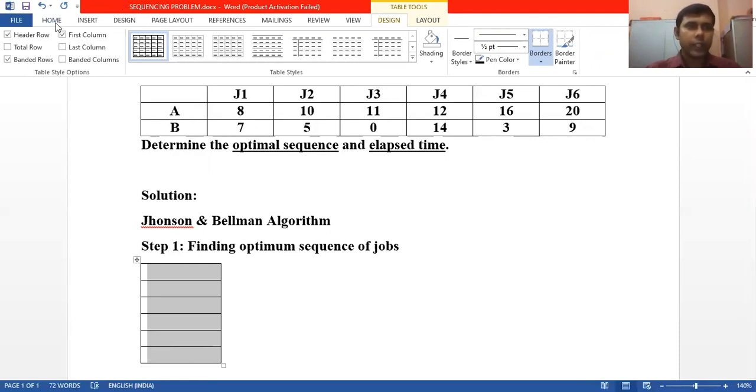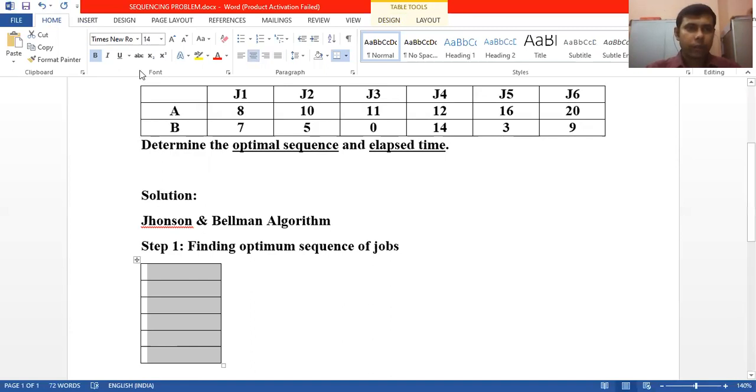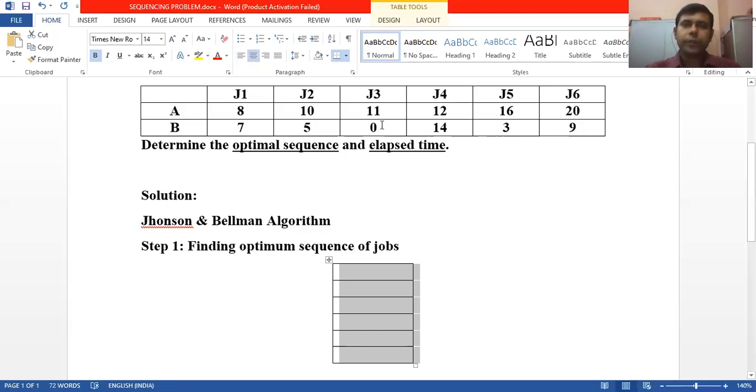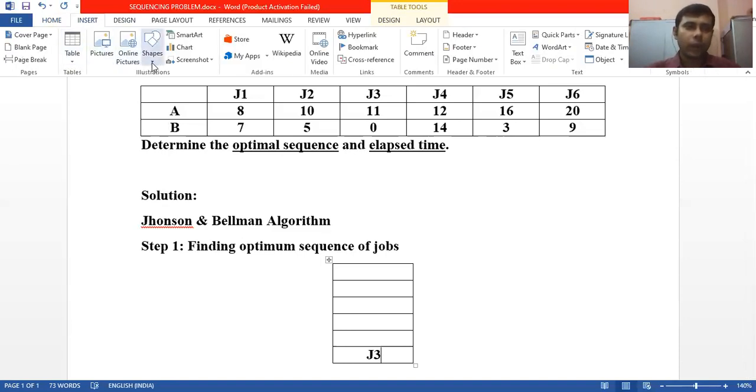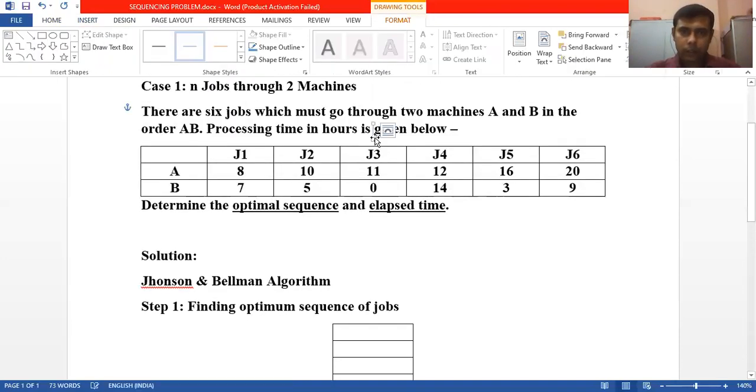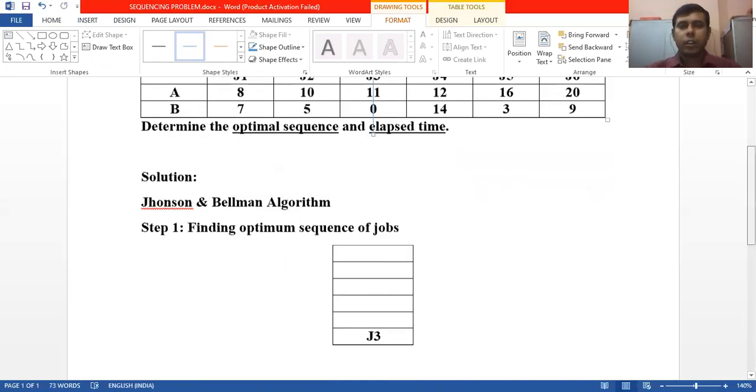Now since 0 is for J3 and it is for machine B, J3 will be written from the bottom. And once you have written the job, you need to cancel it. Now that means in our table J3 does not exist anymore.